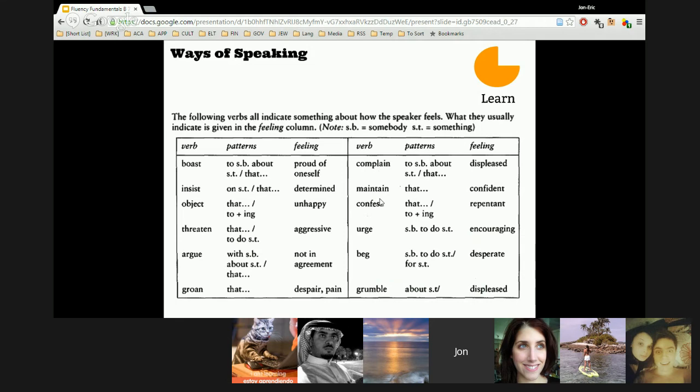ST stands for something. Just as a quick example, to boast. Notice it says to somebody about something, that. That's the pattern you have to remember. He boasted to us about his career. He boasted to us that he was rich.